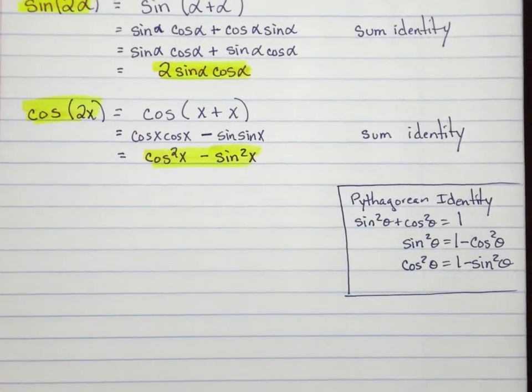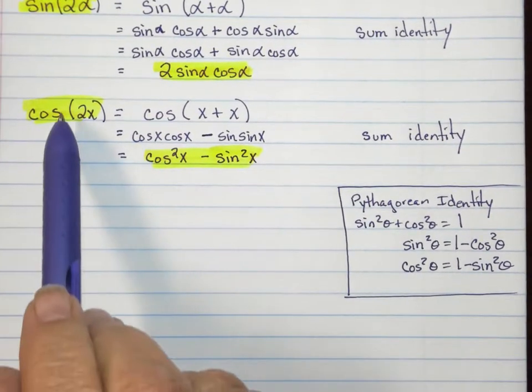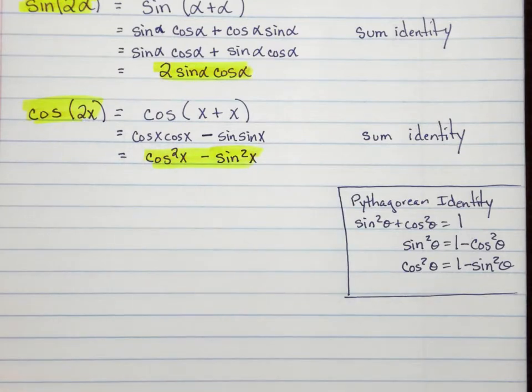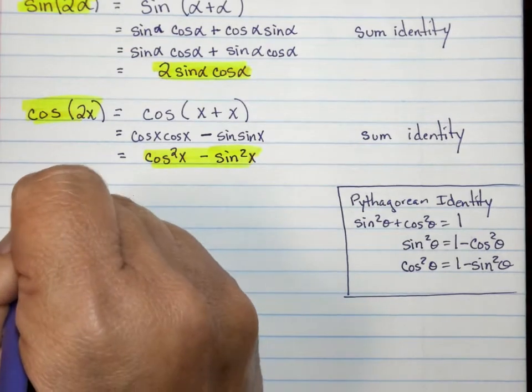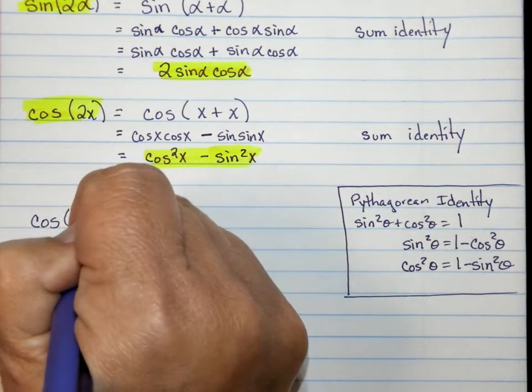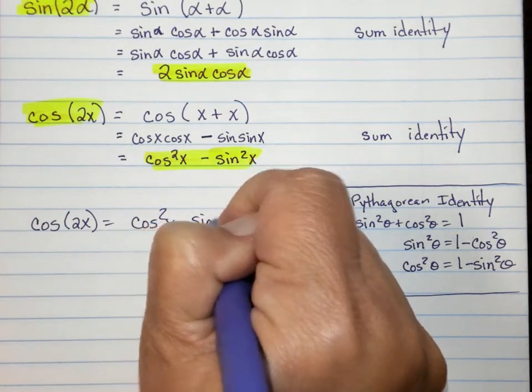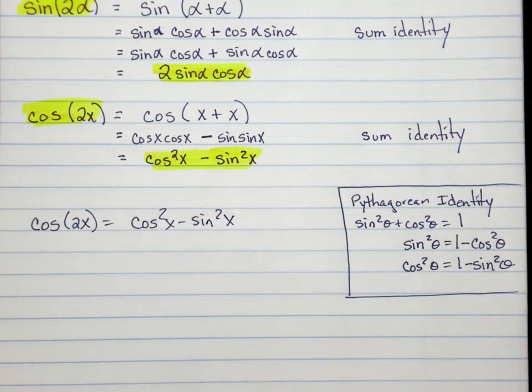Alright, so maybe you can kind of see where we can then take this double angle identity and have it have some variations. So let me start with cosine of 2x being equal to cosine squared x minus sine squared x. Right? That's a double angle identity.